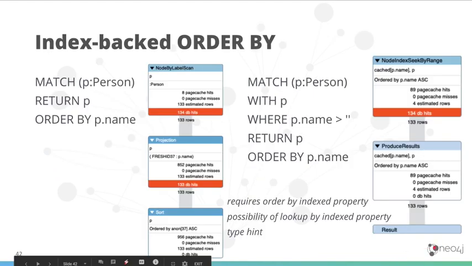While we're on the topic of order by, we actually have a neat feature called index-backed order by, which allows us to have an ordering operation which hits the index and gets the property from that, and avoids property access and the cost that it brings. Note the difference in the query plans here.